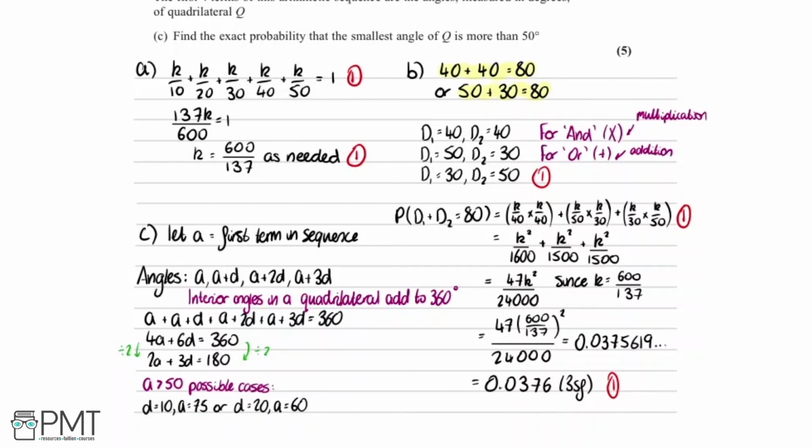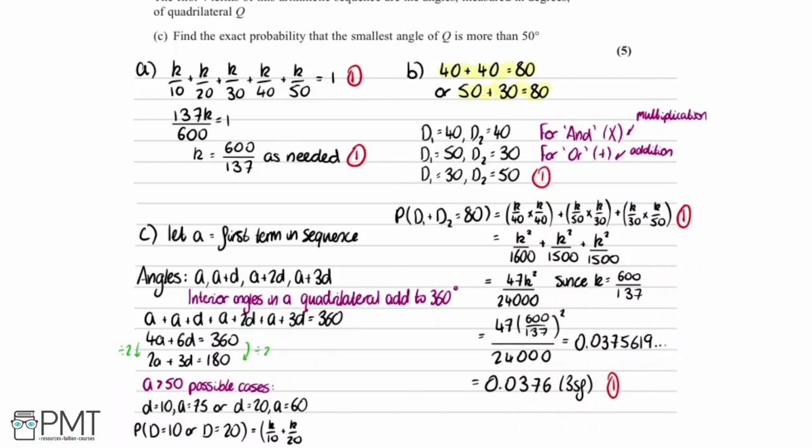Again, referring to the question, we need to find the exact probability that the smallest angle of Q is more than 50. And that is the probability of D equaling 10 or D equaling 20, as we worked out here. Referring back up to the distribution, the probability of D equaling 10 is K over 10, and for 20, it's K over 20.